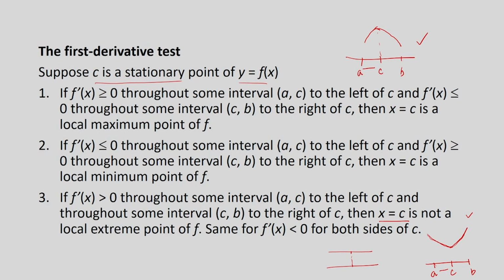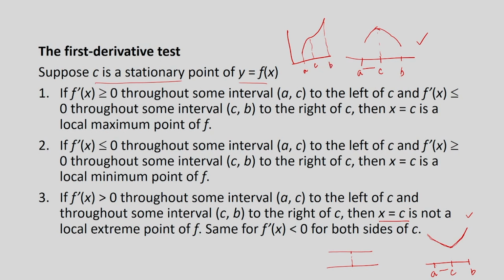So, basically what you have here is something like this, okay. At this particular point f dash of x is equal to 0, but to the left, say a to c, it is always positive, right. So, it is a rising function, and to the right of c also it is a rising function.